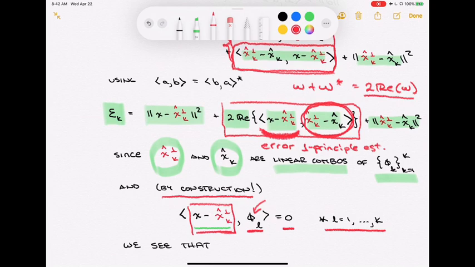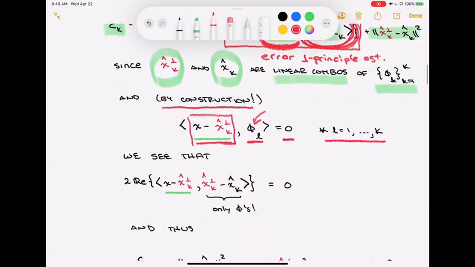Since this second piece over here is just a linear combination of basis functions, and this first piece here is just my error, I know by constraint, by default, that that inner product must be equal to zero. Okay, so what do we get? We get that this term, that twice the real part of the orthogonality principle error with things that only depend on the phis, must be equal to zero.